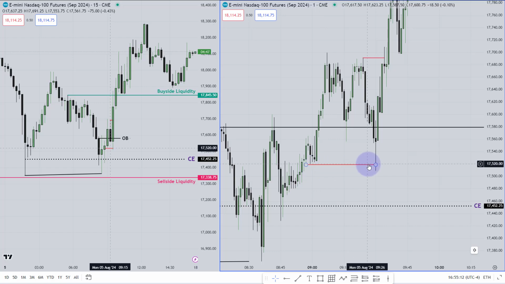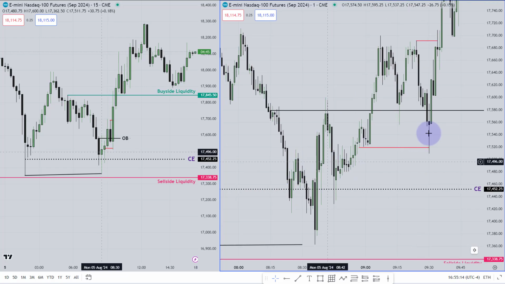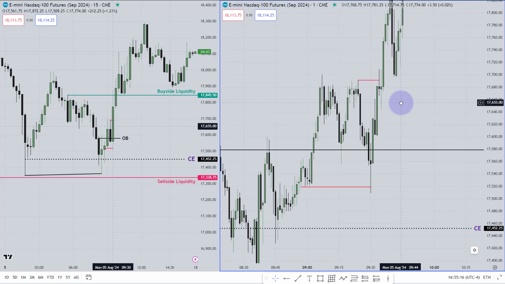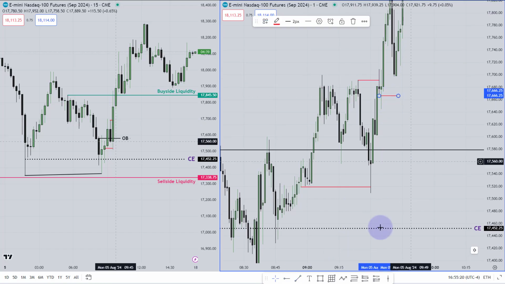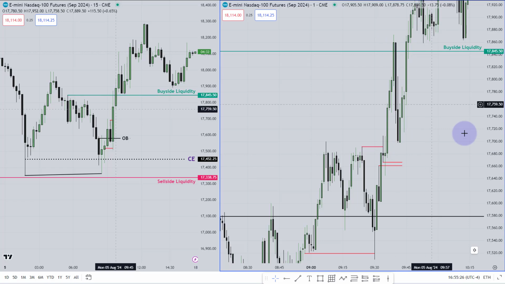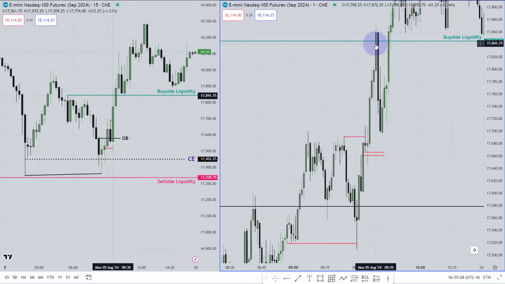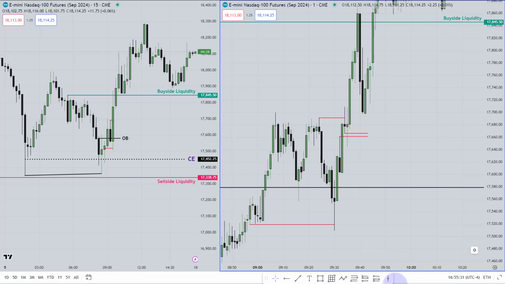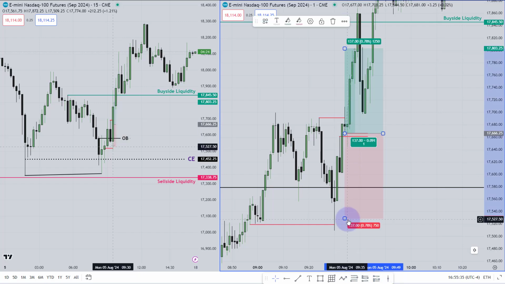After taking all of this liquidity, trading that breaker block, shifting market structure, fair value gap. Here is your fair value gap. You have the fair value gap around that area. Immediate reaction. This is your liquidity. You don't need to hold it until the extreme liquidity. Instead, maybe you will be able to take a partial somewhere around here.